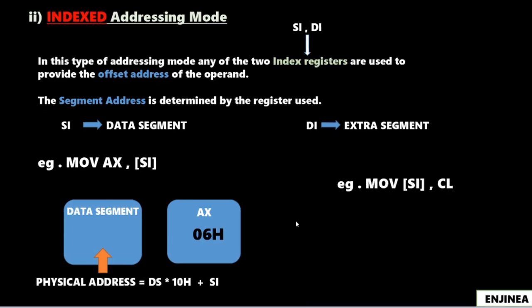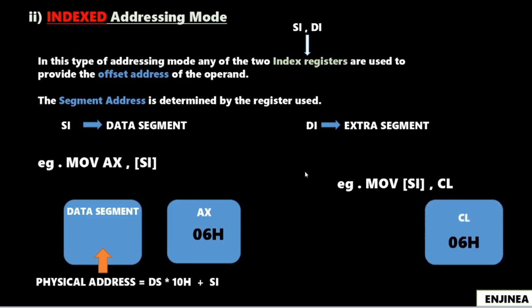Let us take another example. Suppose we have the instruction MOV [SI], CL. Since we have this index register SI, we know that SI will provide the offset address within the data segment. Suppose we have a value 06H stored in our CL register.